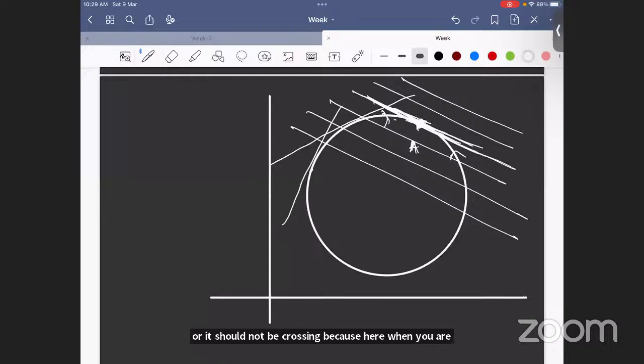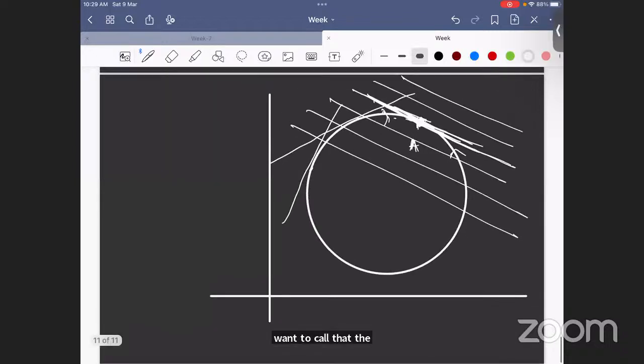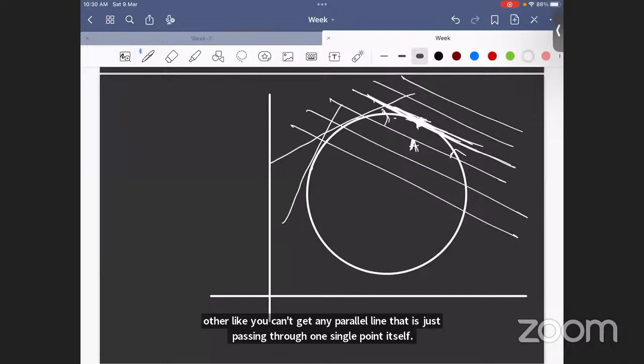So that is the characteristic of a tangent line. I'll repeat it: for any point, if you draw a tangent line and then take parallel lines to the tangent, they should either cross the curve more than once or not cross it. You can't get a parallel line that passes through just one single point. Is it clear?